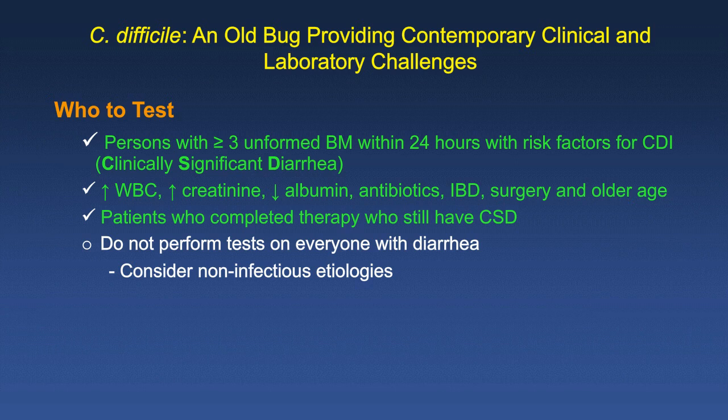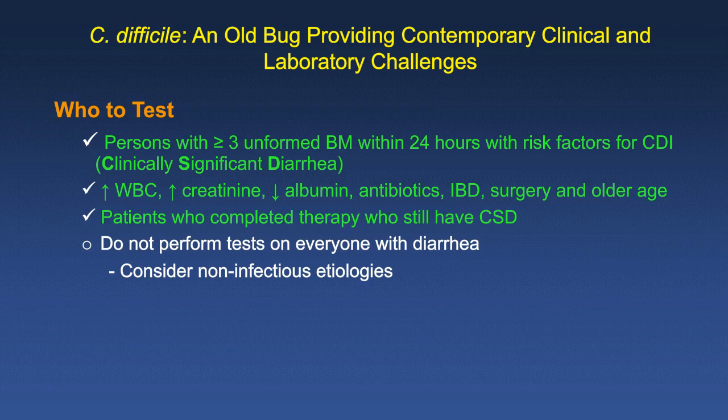And when I visit hospitals and talk to my clinical colleagues, sometimes we're so focused on what's the right test that we haven't been asking frequently enough who to test. And again, the guidance will provide some important supplemental information. Much of this are things that you are already quite aware of, and persons with 3 unformed bowel movements within 24 hours.